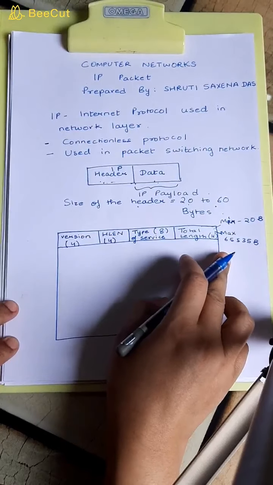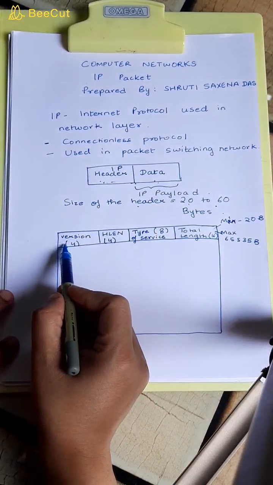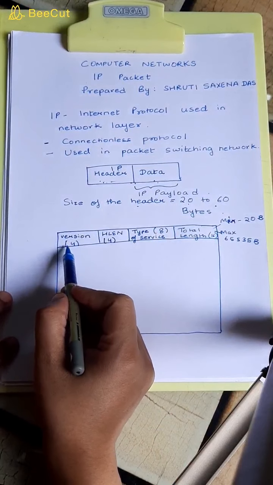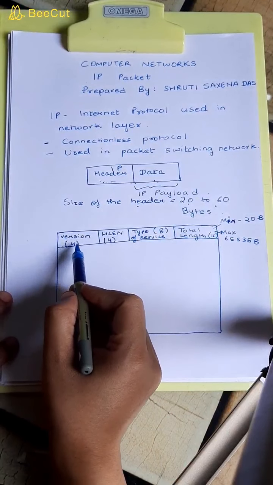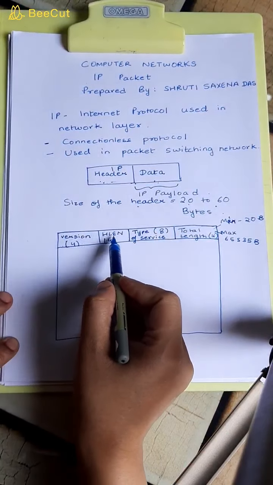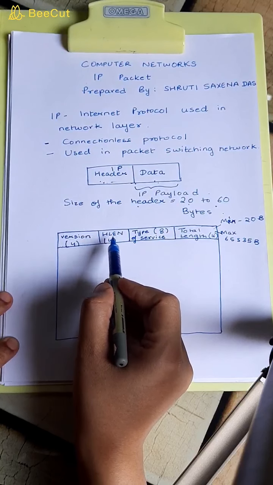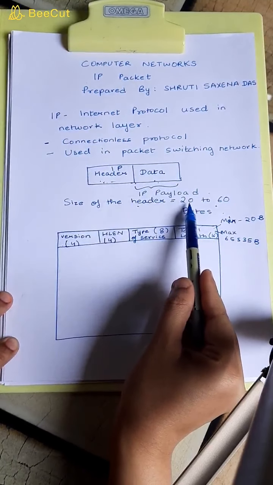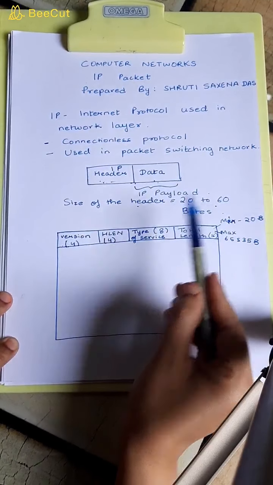So this was the first row, in which the first field tells us which IP version you are using. In this case we are using IPv4, that's why the value will be 4. The second field is HLEN, the length of the IP header, which can be from 20 to 60 bytes.